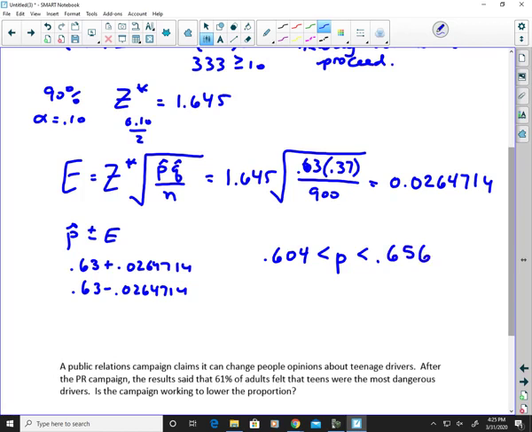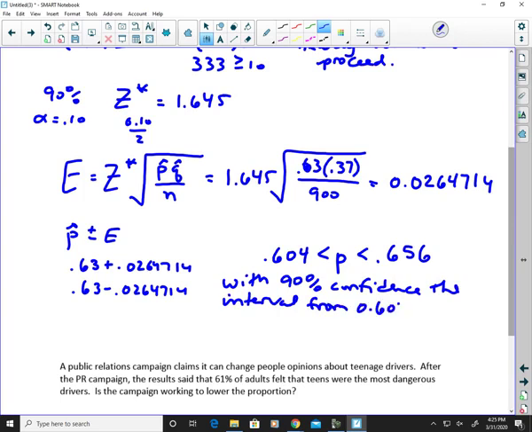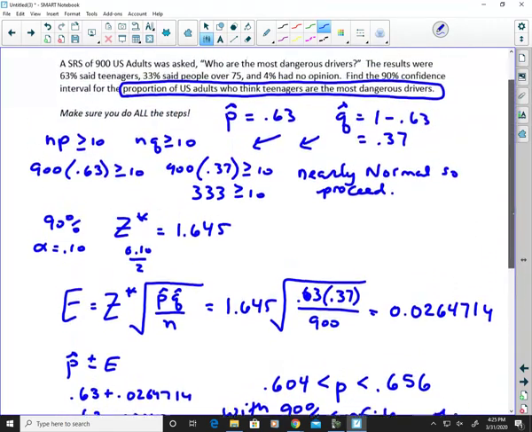Notice I put a p, not a mu, in the middle. So with 90% confidence, the interval from 0.604 to 0.656 captures the true proportion of, is this adults or who was asked?